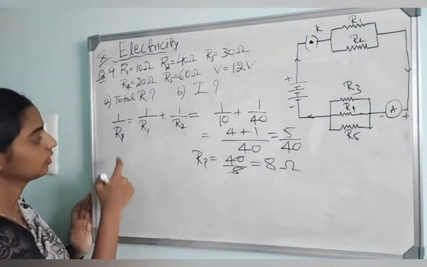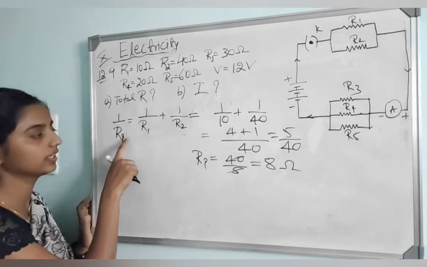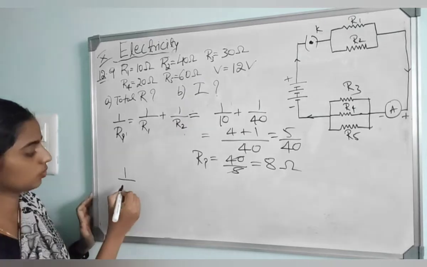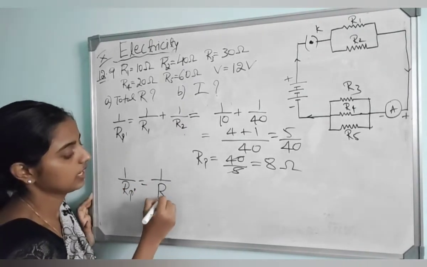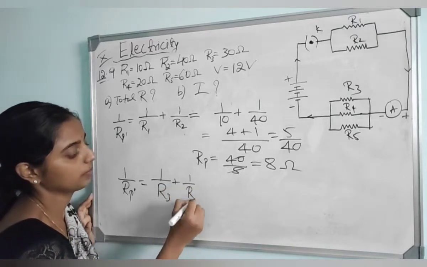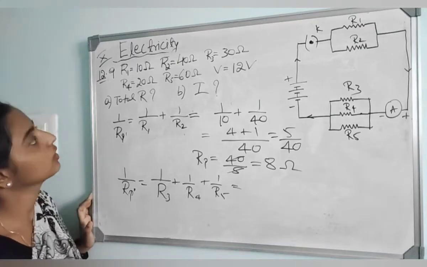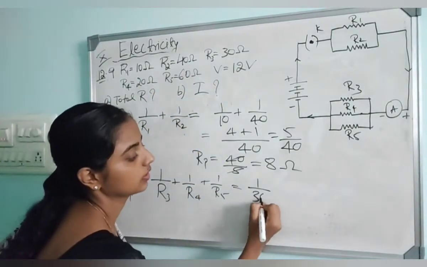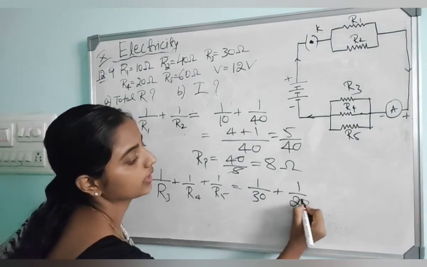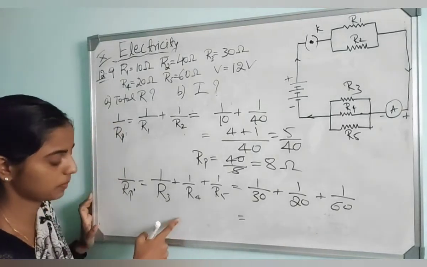Next, I'll just mark it as 1 so that it indicates the first part. So here Rp2: 1 by R3 plus 1 by R4 plus 1 by R5. What are the values? 30, 20, 60. Take the LCM.